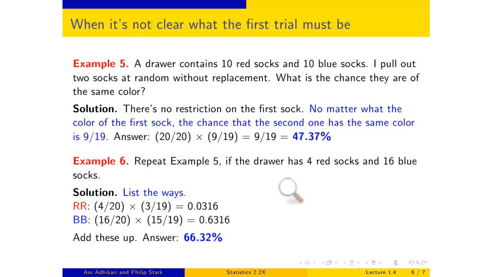We had to do a little more work, look in more detail, decompose the event, partition the event, the 2 socks are the same color, into its component pieces, find the chance of each component piece, add up. And of course what we've done is we've partitioned it so that the 2 pieces have no overlap, so that this clean addition gives you the right answer.